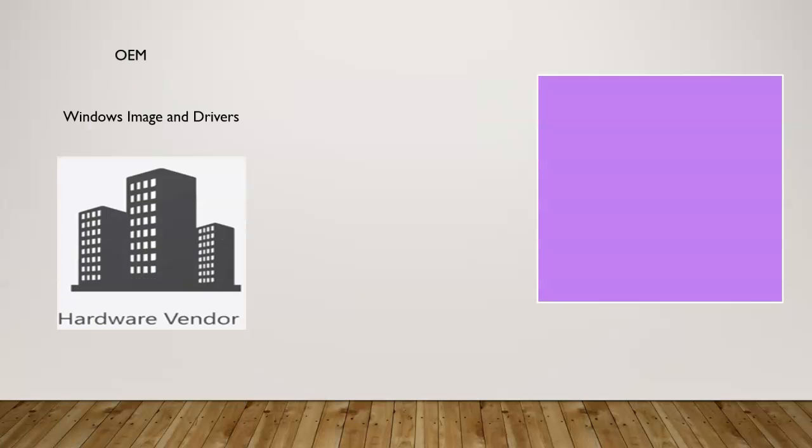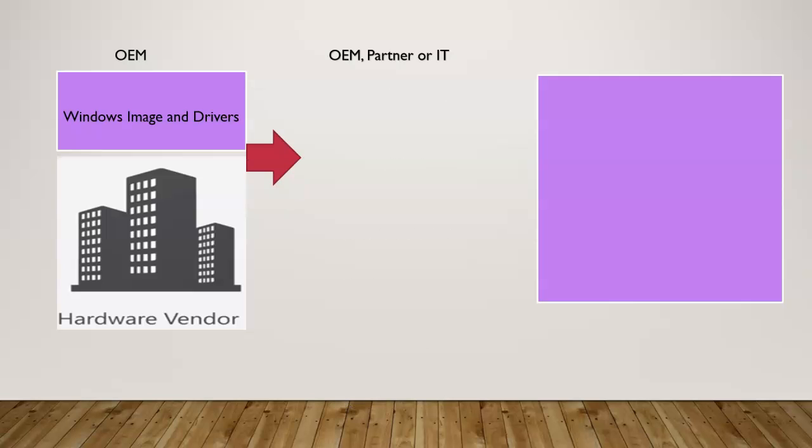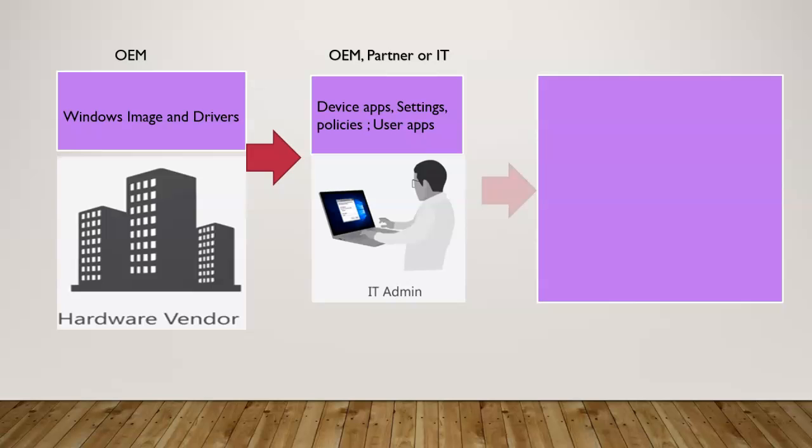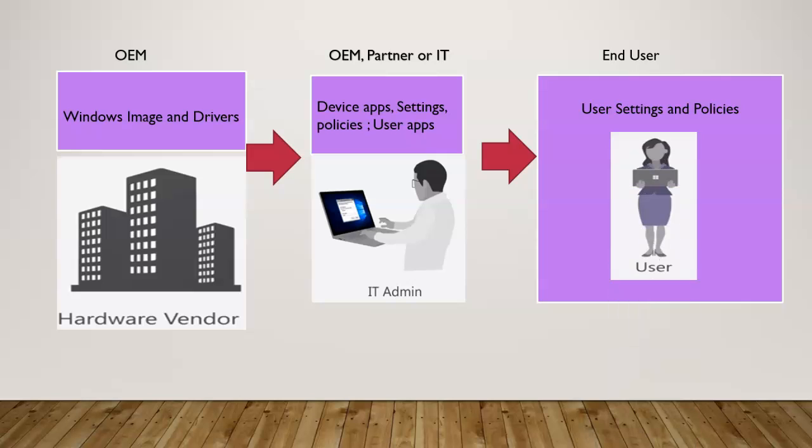Similarly, the OEM vendor provides the Windows image and drivers, and sometimes gives the device to your OEM partner or to your IT to get your policies and applications, user policies and user applications delivered, and the end user uses that device happily. These settings come automatically and directly from the Microsoft Intune server.